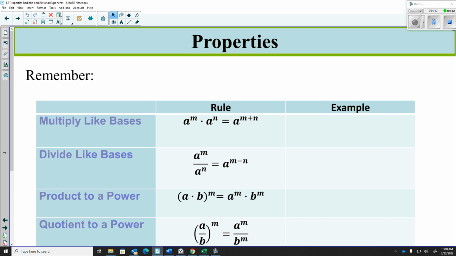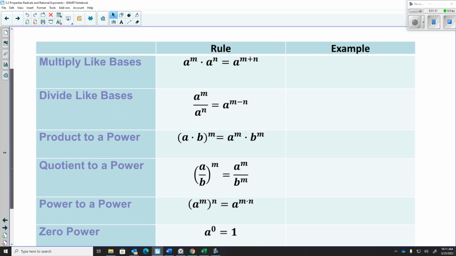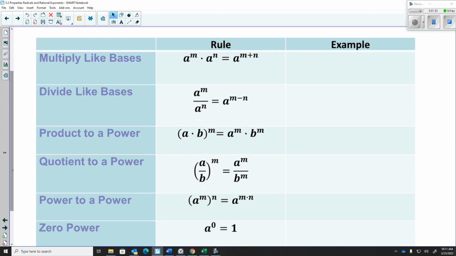All right, so these are exponent properties. We should have learned these in Algebra 1, exponent rules. If these seem really foreign, they're pretty intuitive, so I think we'll pick them up quickly. Just to jog your memory, you don't have to write all this down if you don't want to. It's going to get posted on Google Classroom.